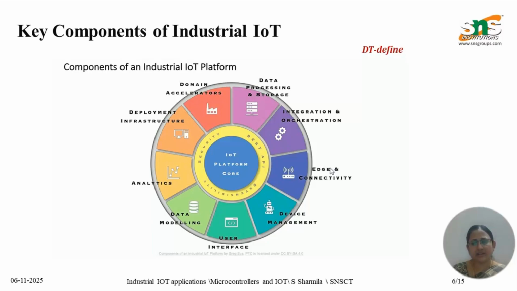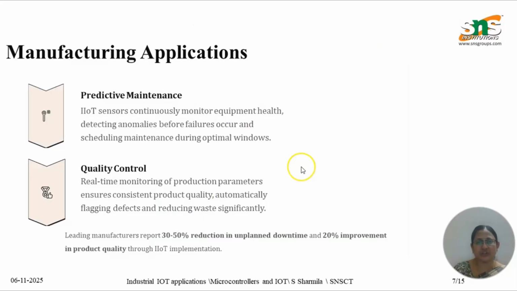Then edge and cloud computing: the edge devices process data locally while cloud platforms store, analyze and visualize the large data. Finally, industrial applications include dashboards, analytics platforms, SCADA systems and AI-driven decision tools. Together, these components enable efficient, intelligent industrial automation.